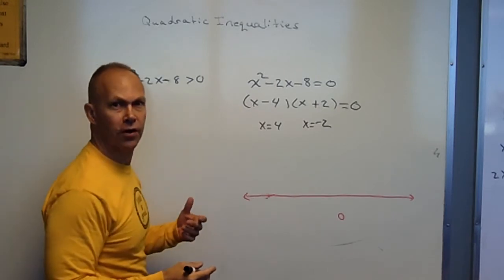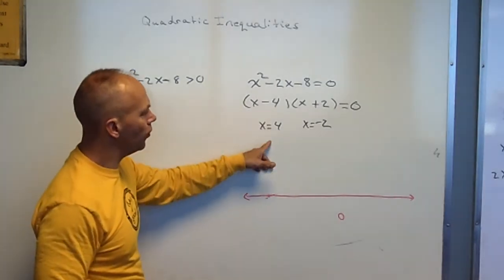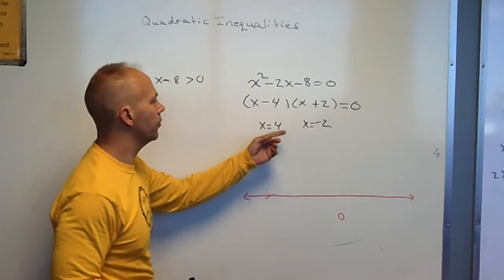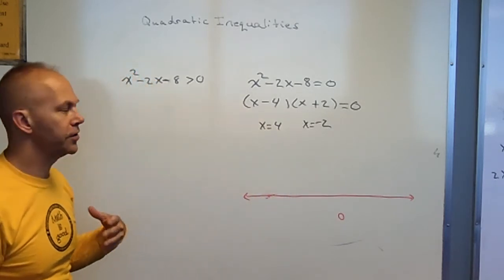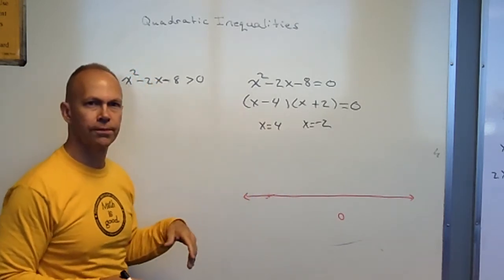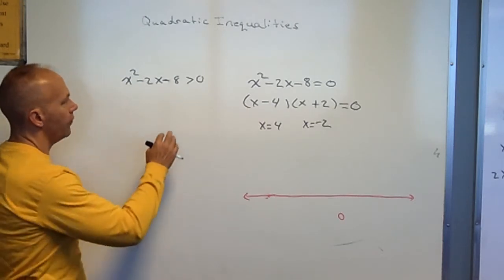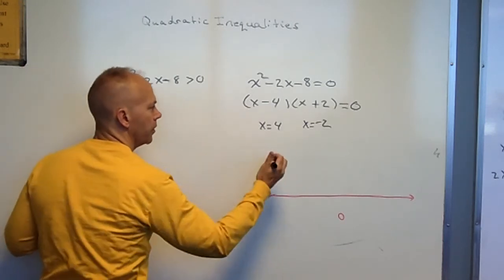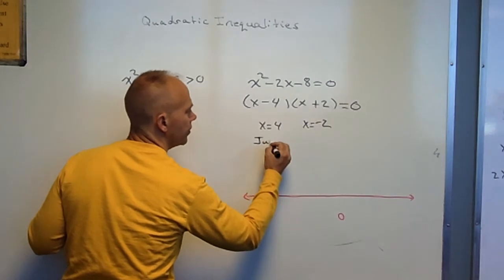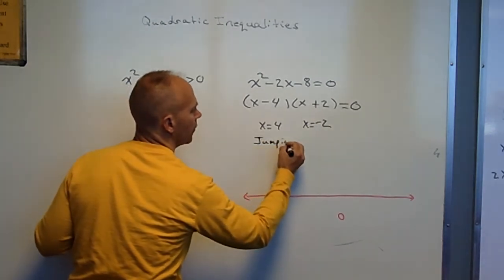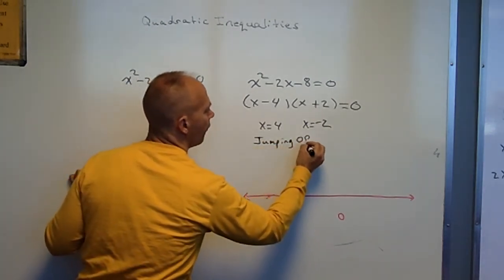Now, when we were solving an equation, we called these solutions the zeros of the equation. We also called them the roots. For solving inequalities, we're going to use these points. But I call those, and this is my own phrase, jumping off points.